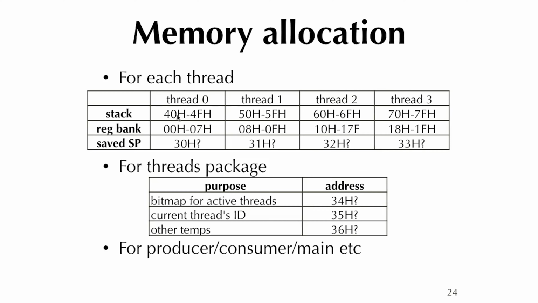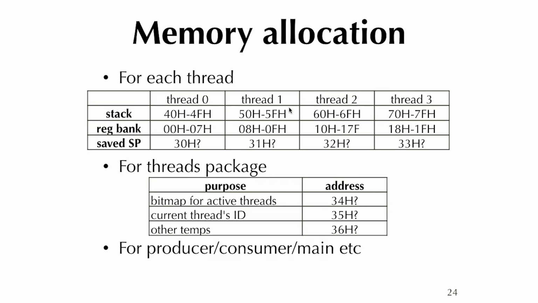So 16 bytes per thread: 40 to 4F could be for thread 0, 50 to 5F for thread 1, 60 to 6F for thread 2, and 70 to 7F for thread 3. That seems reasonable, but that's already half of your memory.